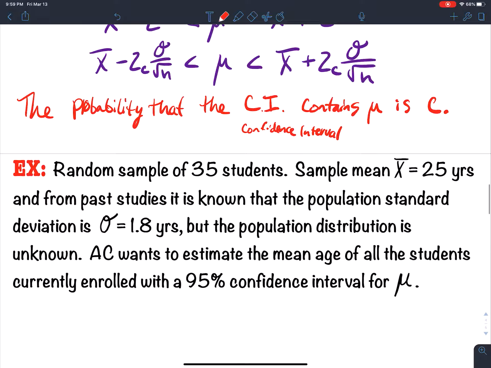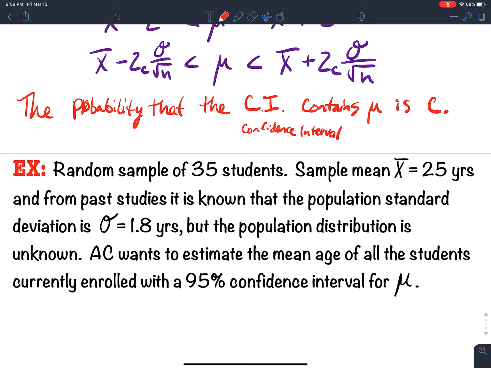So we've got a problem here. We've got a word problem. Random sample, 35 students. Sample mean, x bar equal 25 years from the past studies. It's known that the population standard deviation is sigma equal to 1.8 years, but the population distribution is unknown.